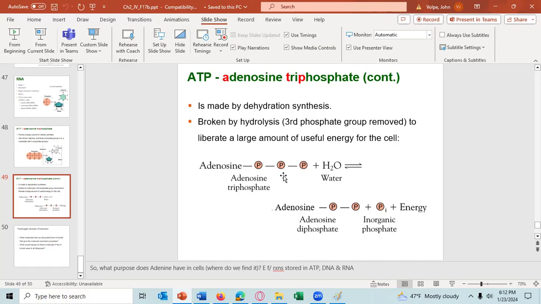Any question about any of that? All right. So ATP is made all the time from ADP and phosphate and energy. And then we can use this ATP when we need energy. We break down ATP to make ADP and phosphate, and that releases energy.